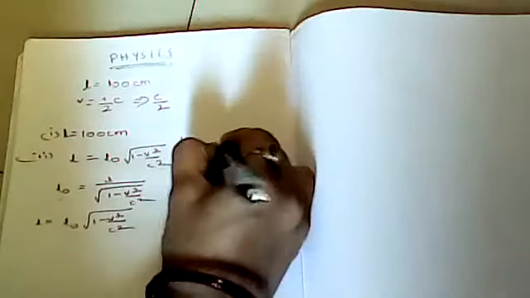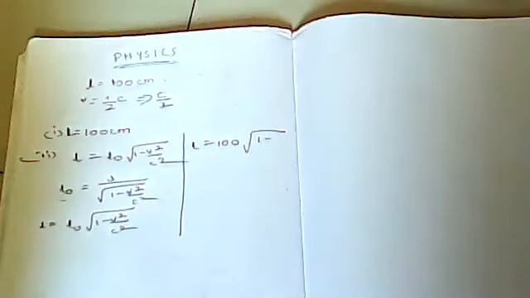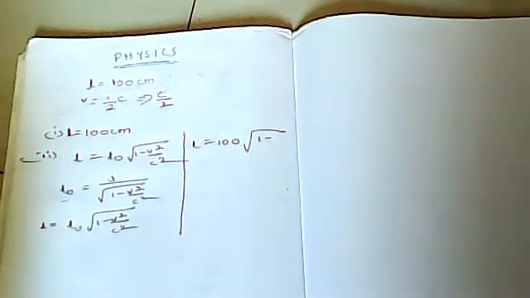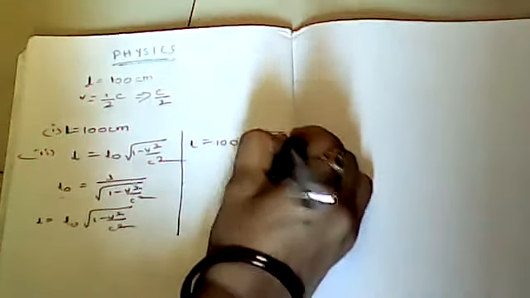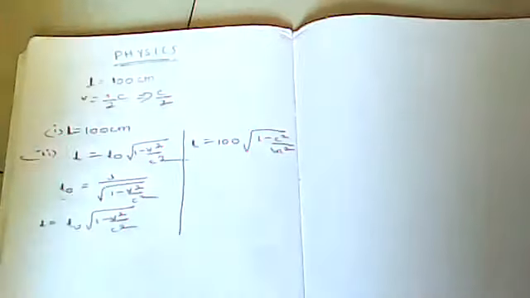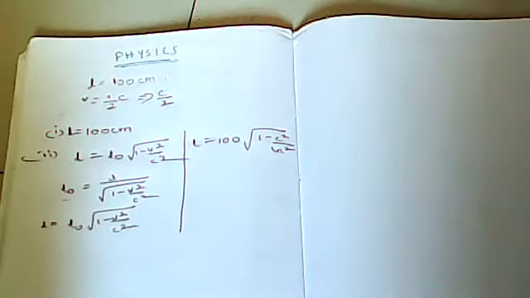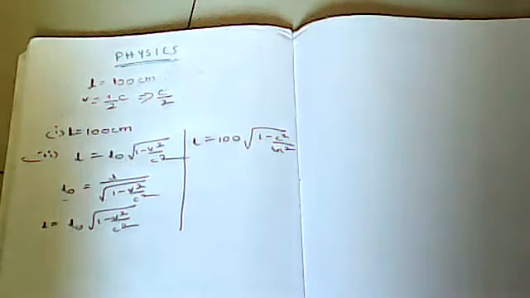Correct? Right. So just substitute the values. L is equal to 100 root of 1 minus V square, which is C by 2 squared, so I'm directly writing C square by 4C square. Can I write it?